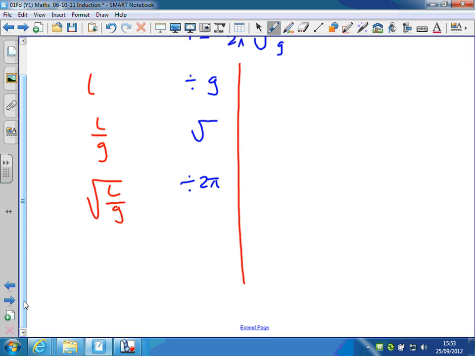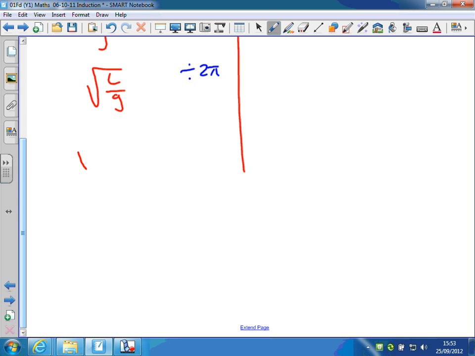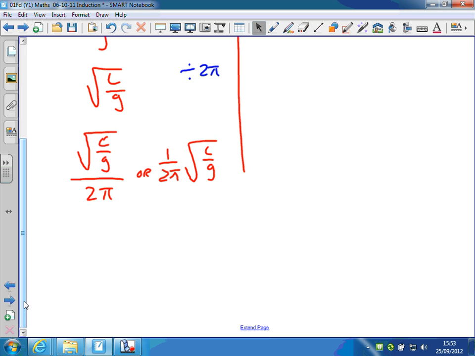To get, note this step, root L over g over 2 pi, which is a very cumbersome way of writing a formula, which is why we tend to write 1 over 2 pi times root L over g. That's why I write it in that form and not like that, because it looks awkward like that. But the best way to think about the process of undoing it is to think of it in terms of divide by 2 pi. Okay?